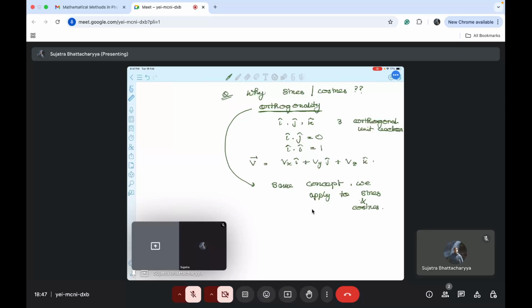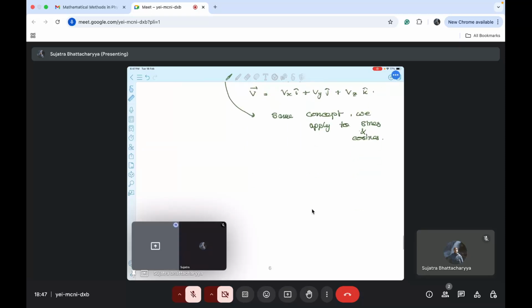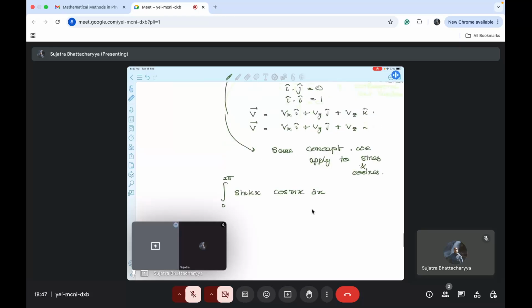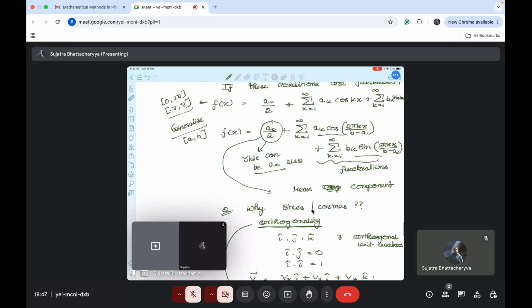Okay, let us see what happens when we integrate from 0 to 2 pi sin kx and cos mx. Why sine and cos? This is because you can see that one part is cos, one part is sine.